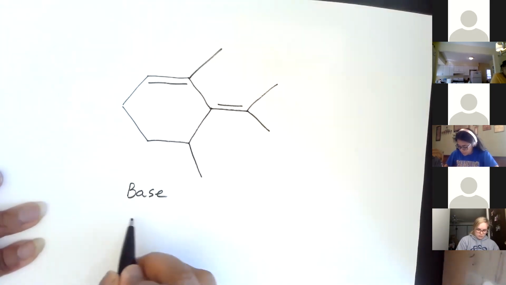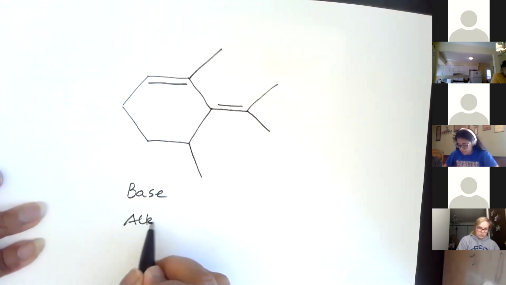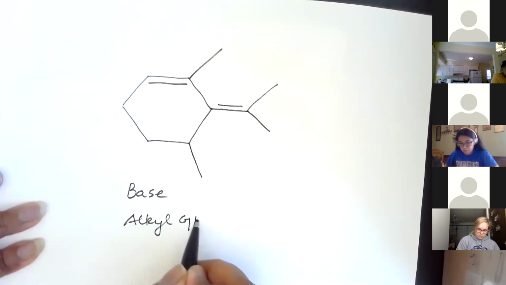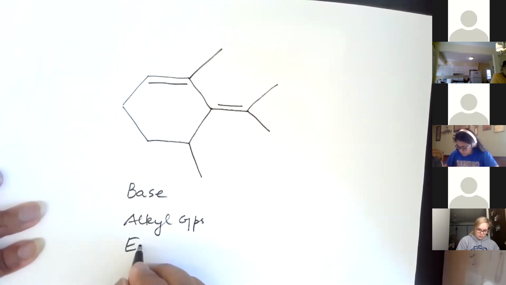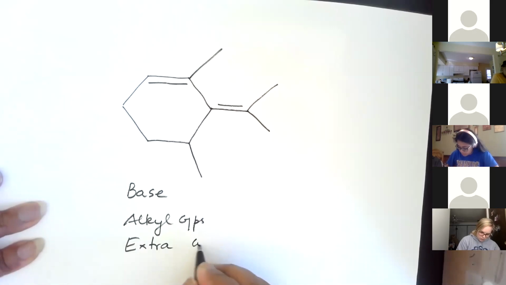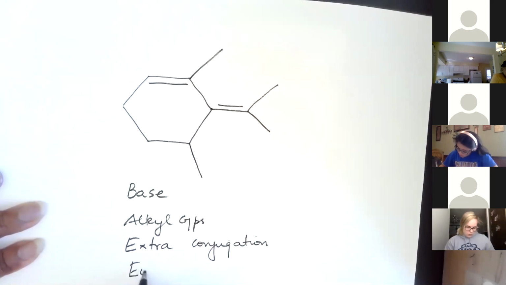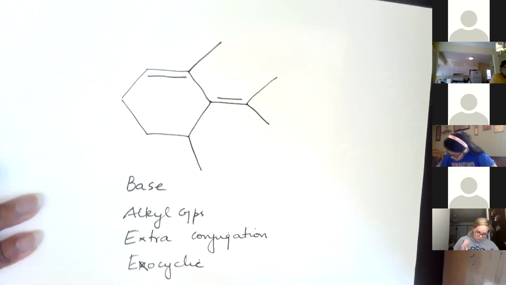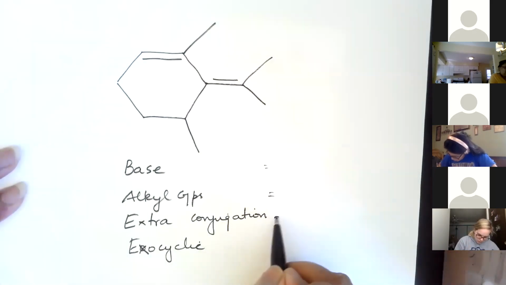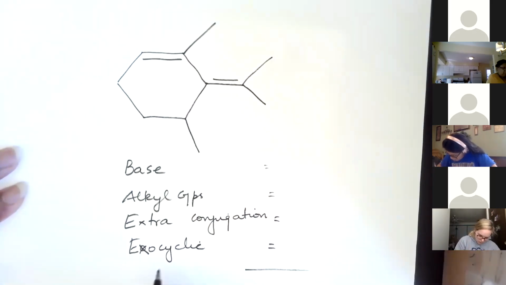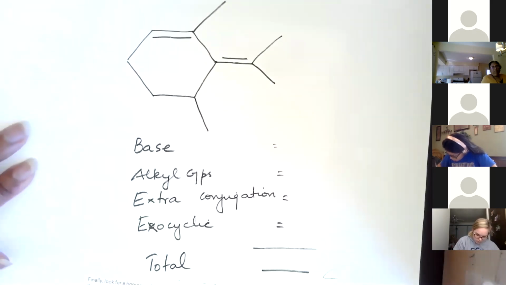Base, alkyl groups. Is there extra conjugation? And then exocyclic. Can you give me values for each one? First of all, give me the total, whoever has it.